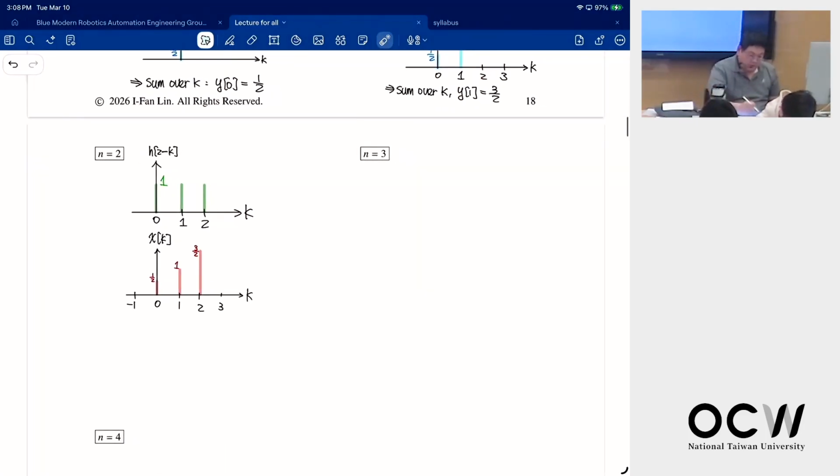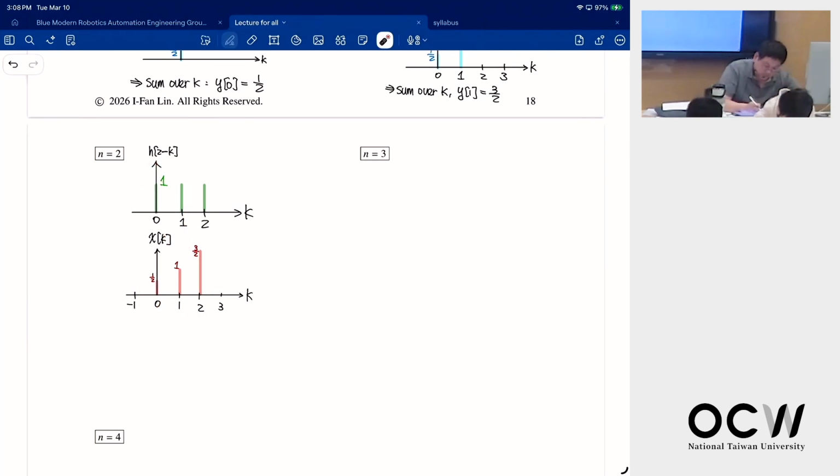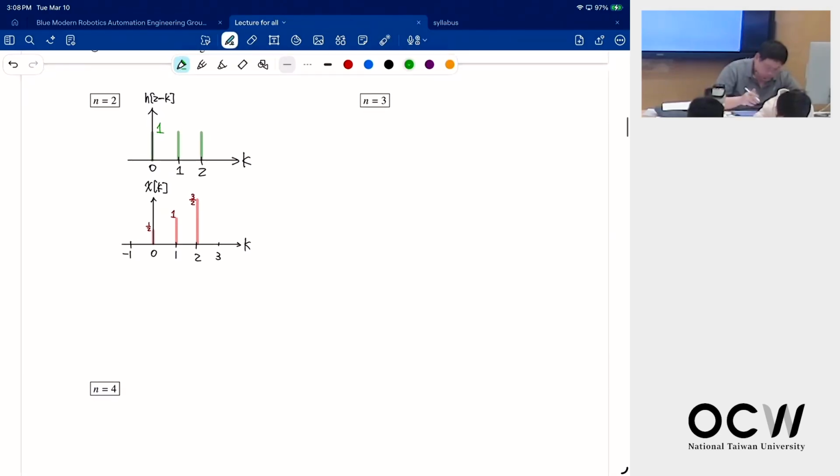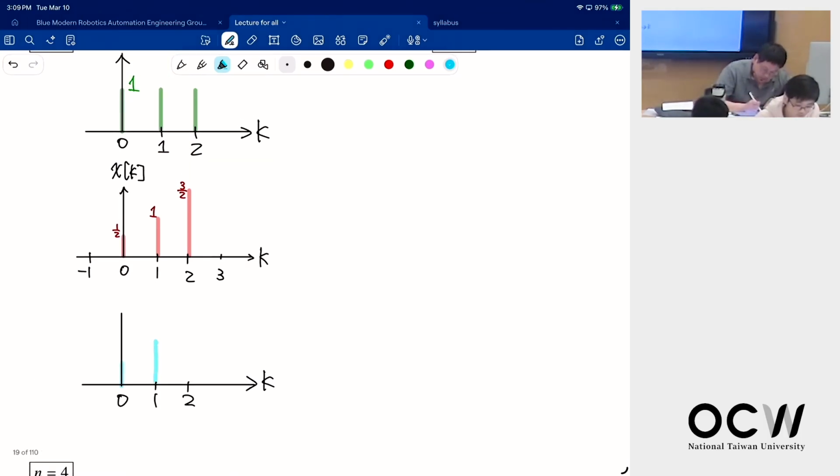When you do the multiplication, you get 1/2, 1, and 3 over 2. So your output is 1/2, 1, and 3 over 2, and this is the output of x of k times h of 2 minus k.